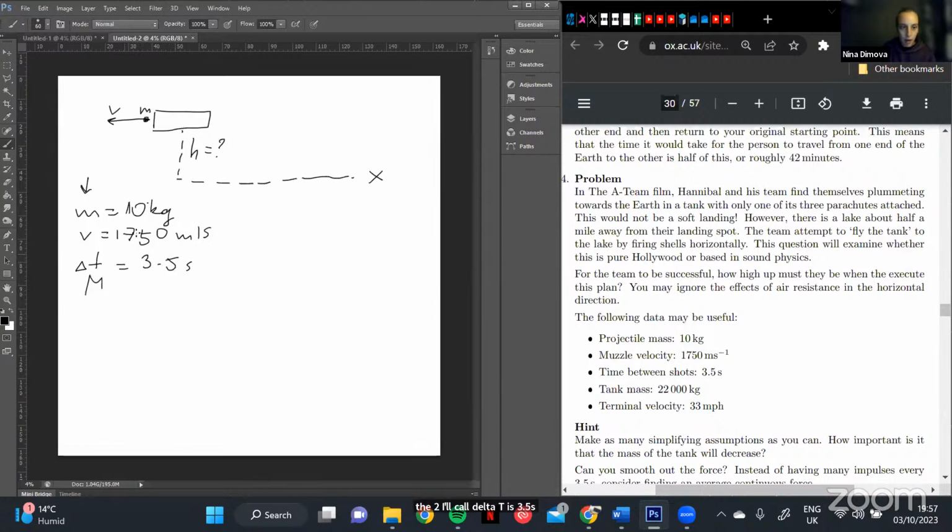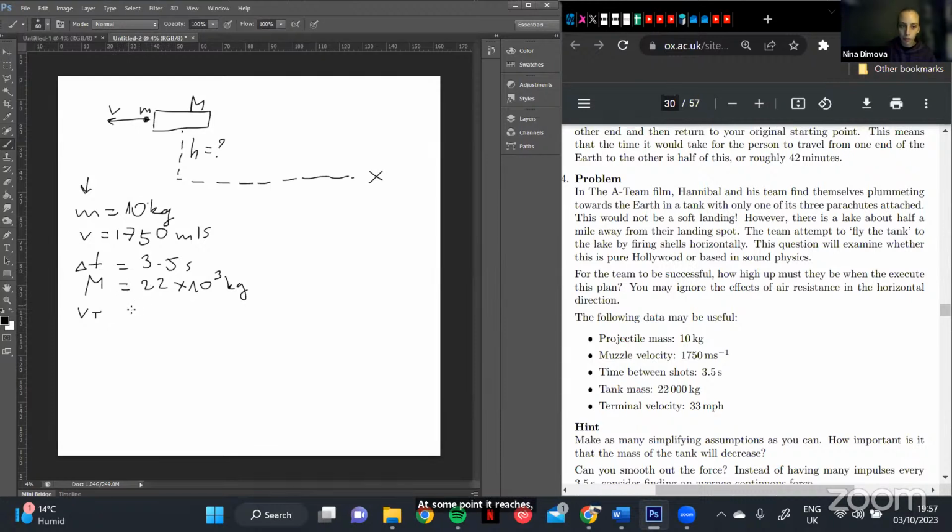Then we have the mass of the tank, which is the big mass here, which is 22 times 10 to the third kilograms. And finally, we have the terminal velocity of the tank. We assume that as the tank is falling through a fluid, air, at some point it reaches terminal velocity, so it's falling down with a constant velocity.